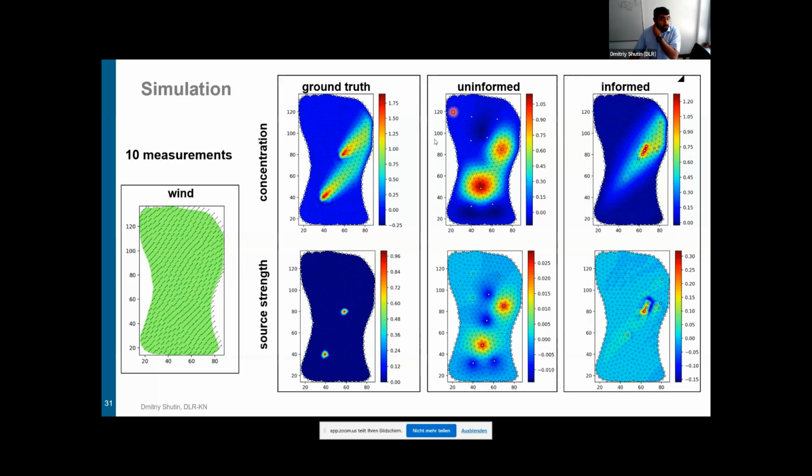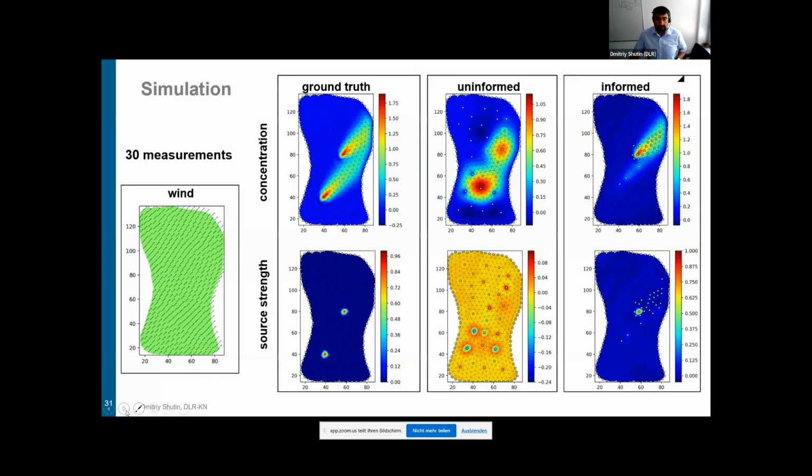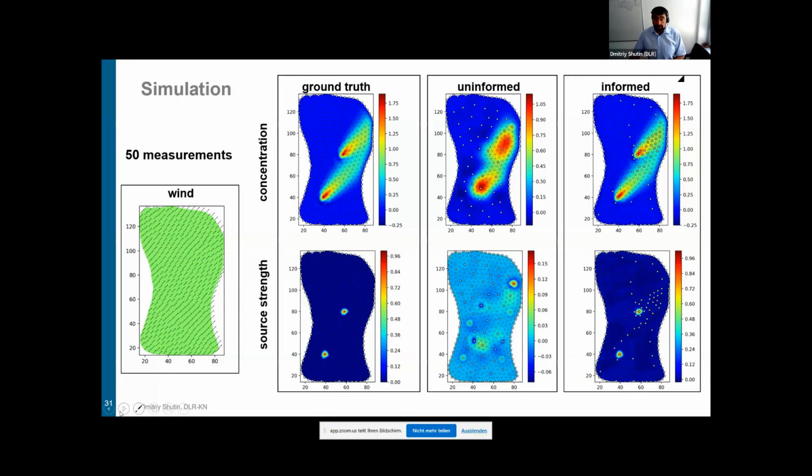For the uninformed strategy, it looks like we measure everywhere, and it turns out to be not a very good strategy, because after 30 measurements, the informed approach already identifies the first source, gets very close to the estimation of the concentration for one of the sources, and starts moving toward the second source, while the uninformed performs significantly worse. It basically does a coverage solution, and that doesn't look very good.